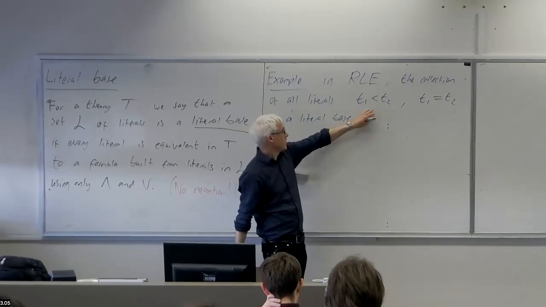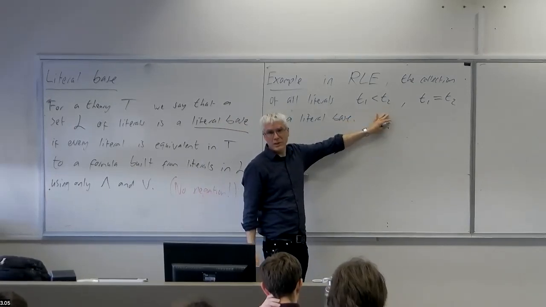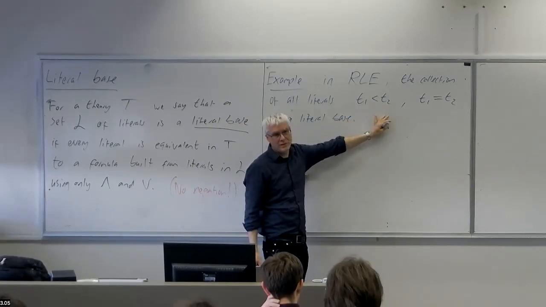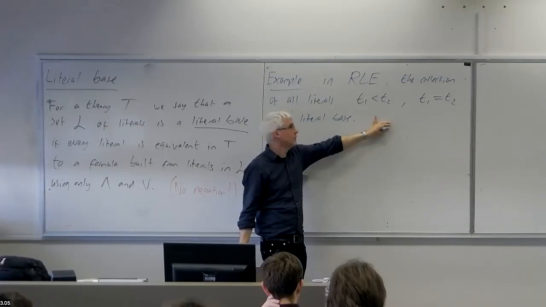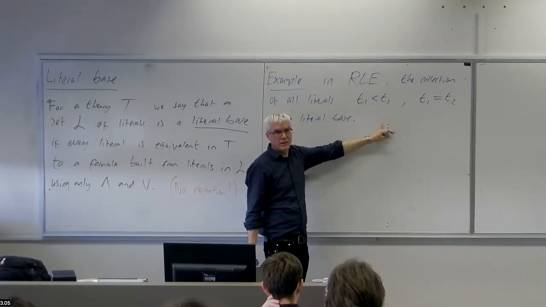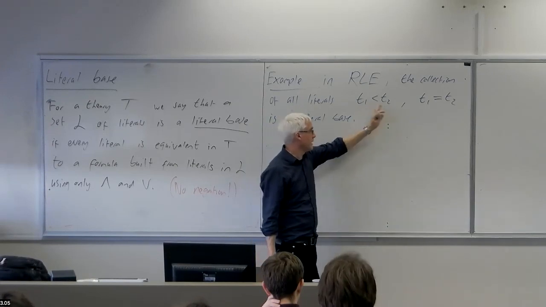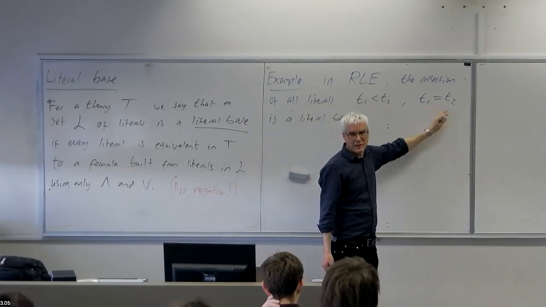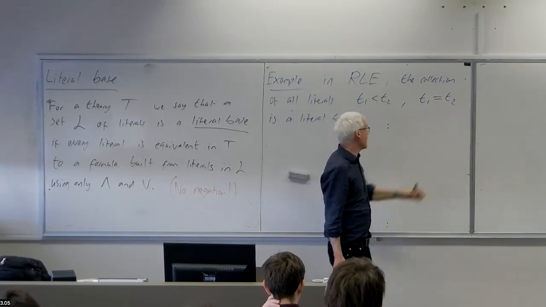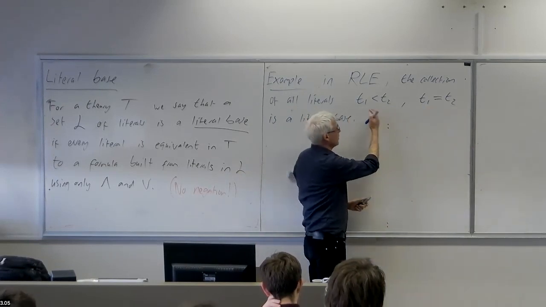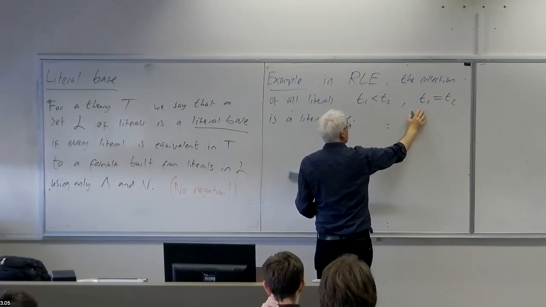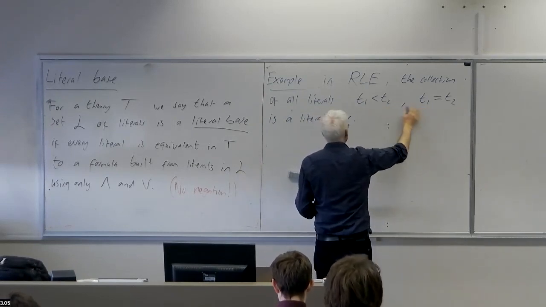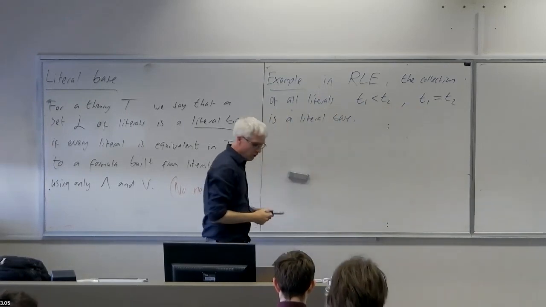So in other words, we've only got two relation symbols. We've got equality and strict less than. But using those two relation symbols, we've got four different ways of forming literals. We've got strict less than, not less than, the negation of both, equality and the negation of equality. But in fact, one doesn't need the not less than and the negation of equality, because they can be expressed using conjunctions and disjunctions of literals of this form.